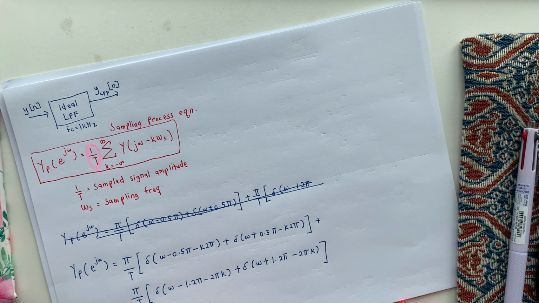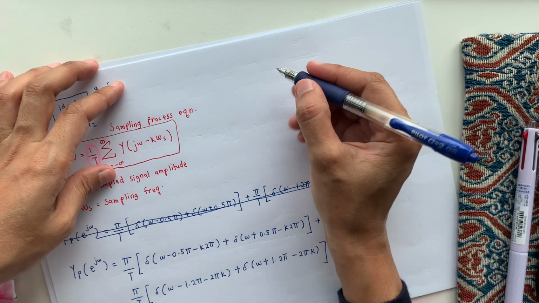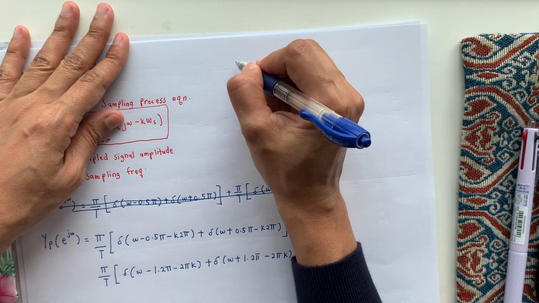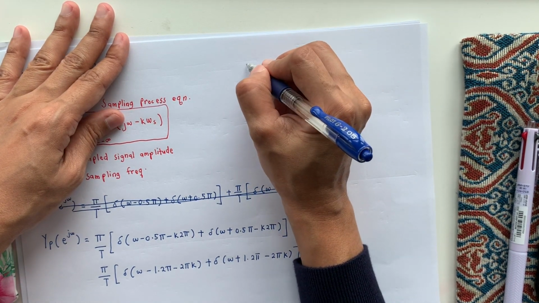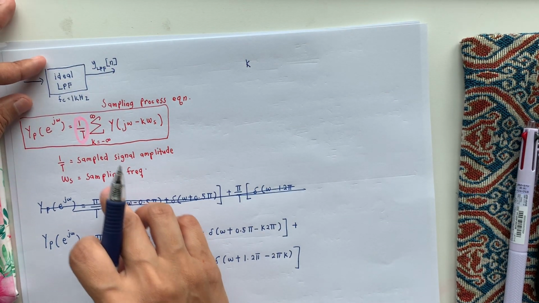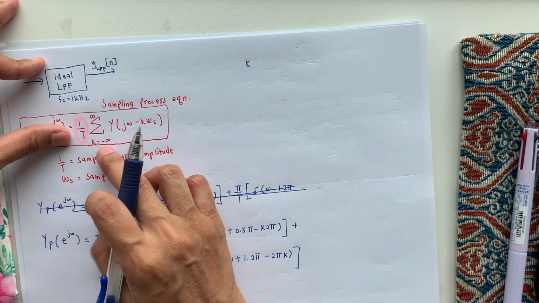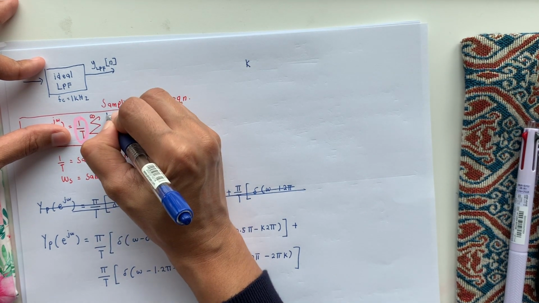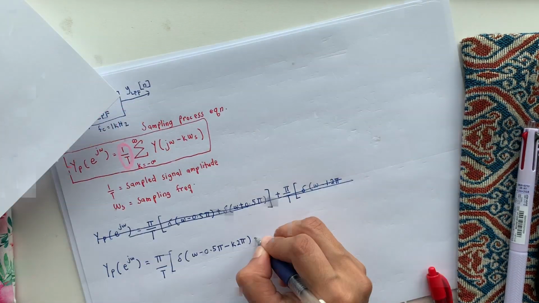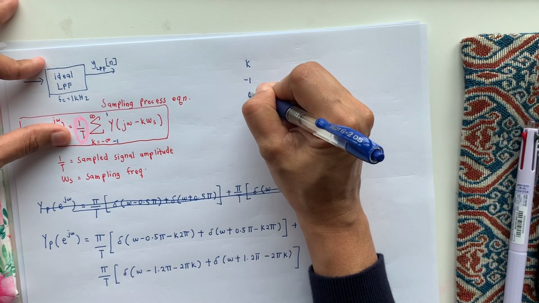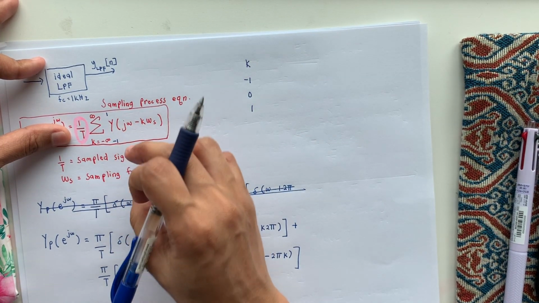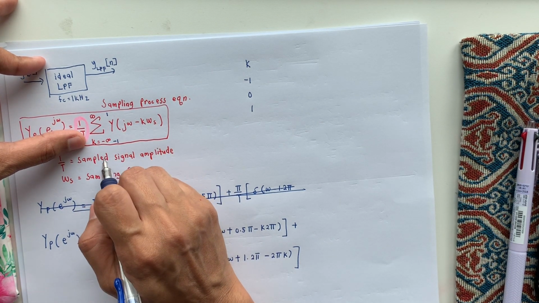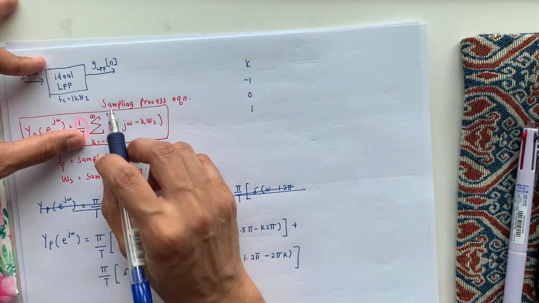Okay, so what we are going to do next is we are going to create a table. Basically we have k. The k value we assume from minus 1 to 1. Basically, for the k value, you can assume from minus 2 to 2, minus 3 to 3, up to you.